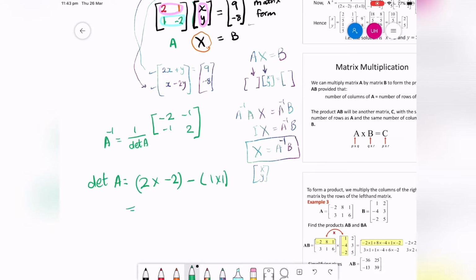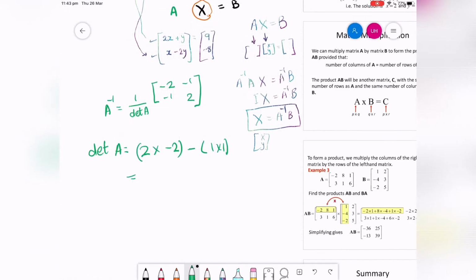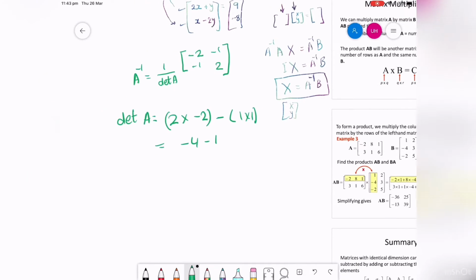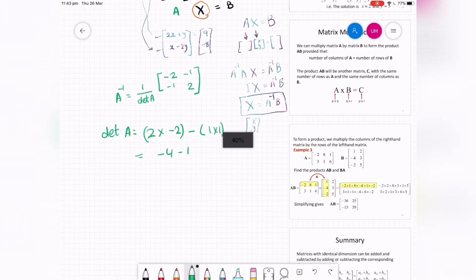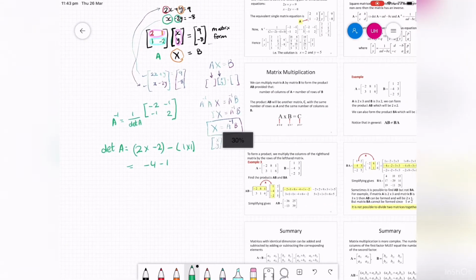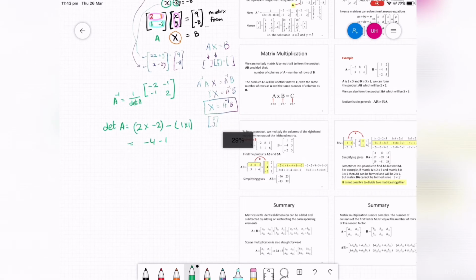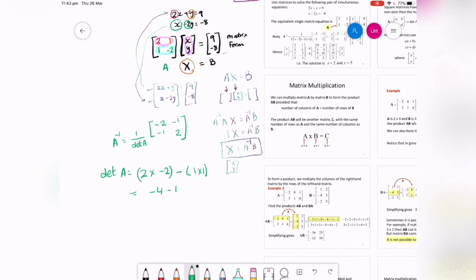This will give us minus 4 minus 1, and that's minus 5. Let's keep moving.